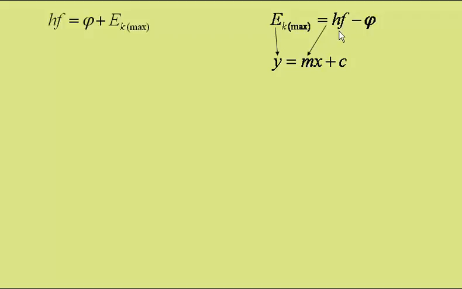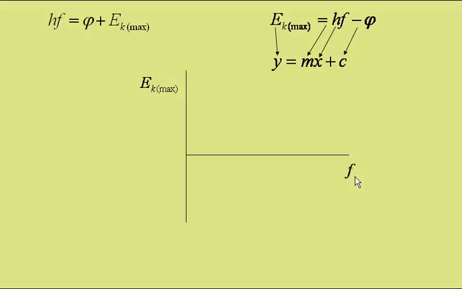If I plot the frequency as the x term, and minus phi, minus the work function, will become my y-intercept c. So plotting a graph with kinetic energy of the ejected electrons on the y-axis, frequency of the radiation on the x-axis, I'll get a line something like this.